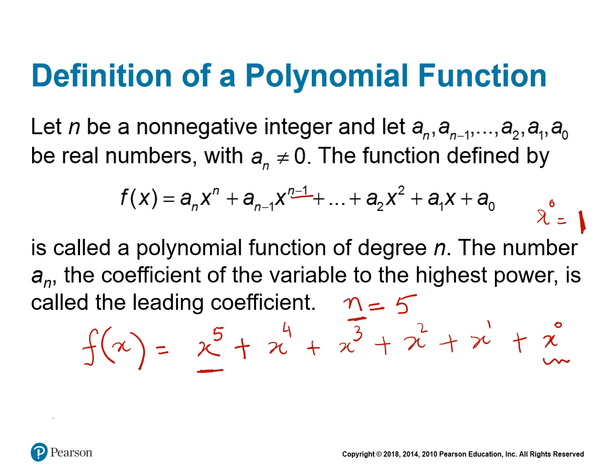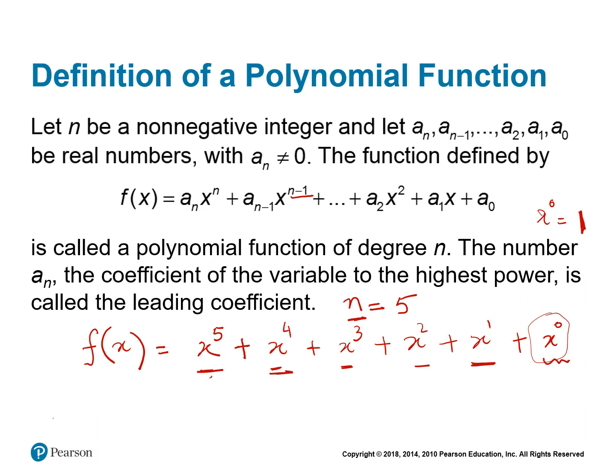Many times we don't see x appearing in the last term. The last term becomes a constant value. Now each of these terms may also have a coefficient associated with it.